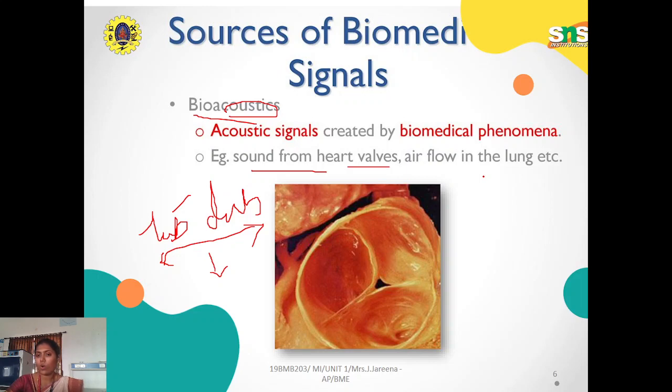From hearing that sound, we come to know what the problem is in the lung, that is the respiratory tract part. So these are the two different examples we have quoted for bioacoustic signal. The bioacoustic signal is nothing but the sound signal. From the sound signal we come to know whether a particular part's function is good or not.